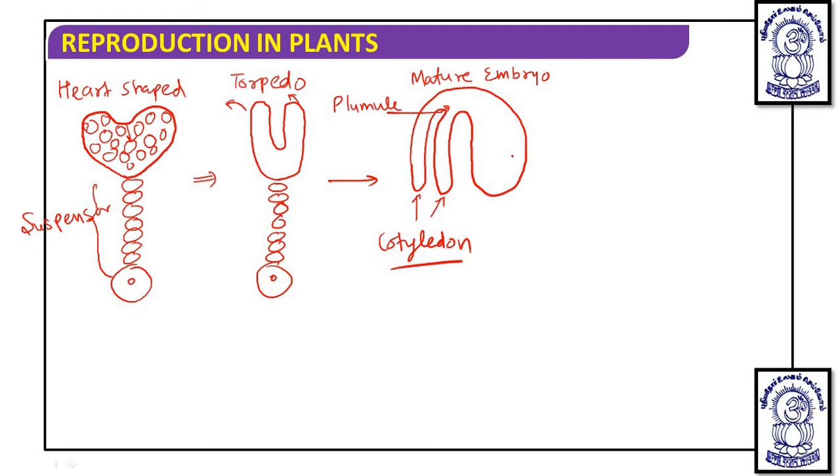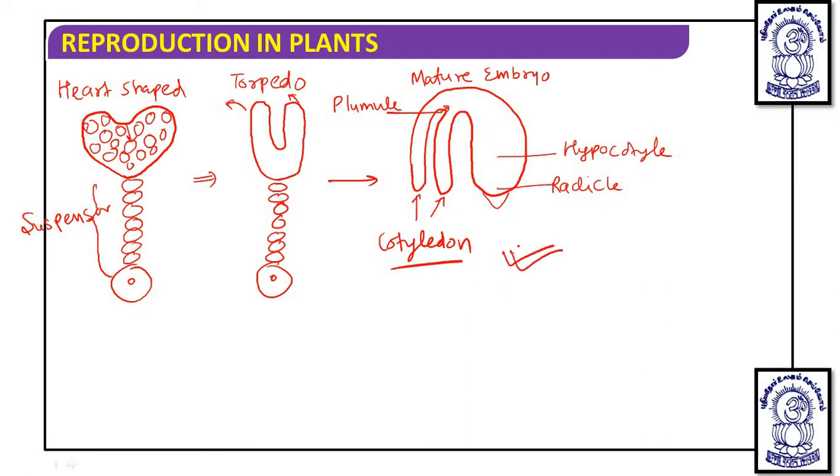Okay, and apart from this, you will find the presence of a root cap part here. You will find a radicle, and here you will find the hypocotyl region, and this is the structure of the mature embryo which is given in NCERT.